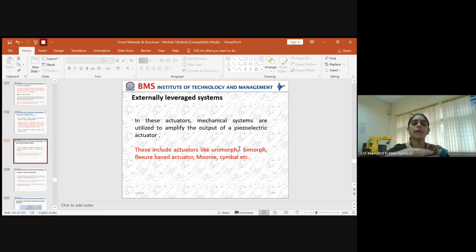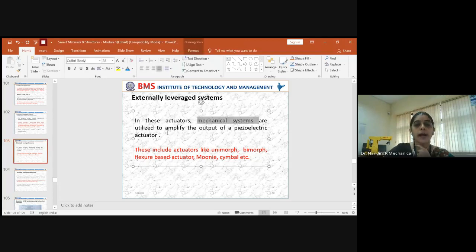You are piling one above the other a huge number of layers of piezoelectric element for external applications. Here you use mechanical systems to amplify the output of piezoelectric actuators. External leverage systems are useful for the direct piezoelectric effect.